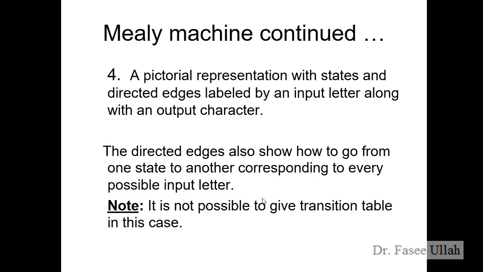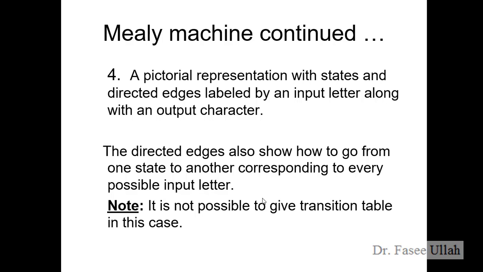What does it mean? For example, I want to move from state 1 to state 2. There should be two things between these two states, like 0 by 1. So what is 0? 0 is the label of that path, which is the transition, and 1 is the output of that path. So that is the pictorial representation between any two states which gives the input and output as well.